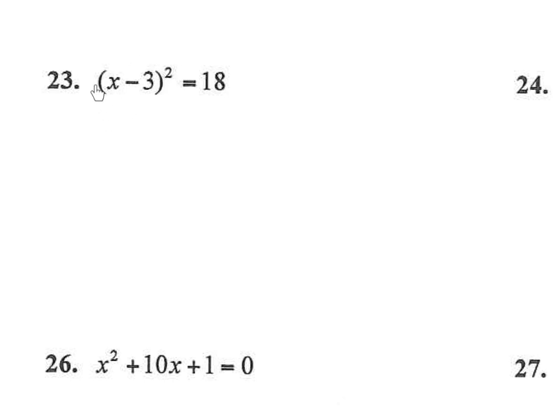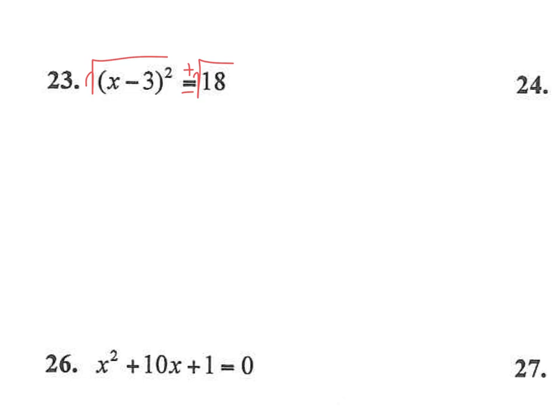Once this is isolated, nothing in front, nothing underneath, then you can take the square root of this left side. When you take the square root of the right side, don't forget that you have to do plus or minus the square root, because this value, x minus 3, could come out to be positive. It could come out to be negative, because when squared, it should give you a positive 18.